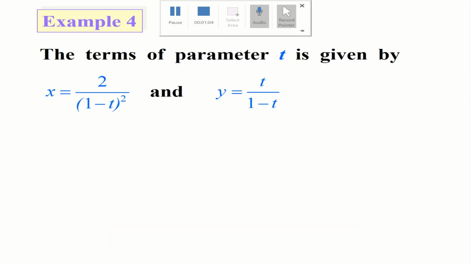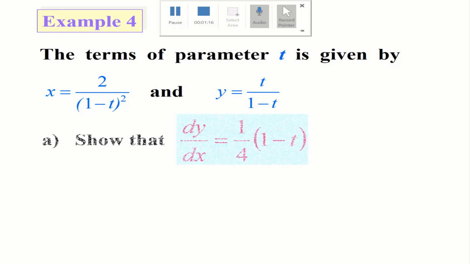Let's look at example 4. The curve with parameter t is given by x equals 2 over (1 minus t)² and y equals t over (1 minus t). (a) Show that dy/dx equals 1/4 multiplied by (1 minus t).